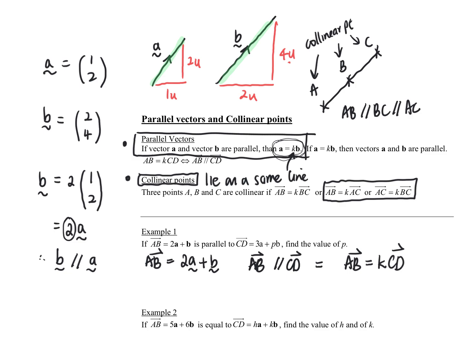Just now, above, they tell us already, right? If they are parallel, I can write that they are a ratio of each other. So I just plug in now. This is my AB. I write it as 2A plus B. Okay, and then CD, they say is 3A plus PB.